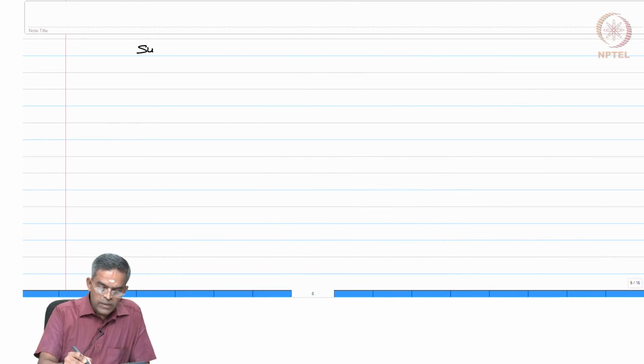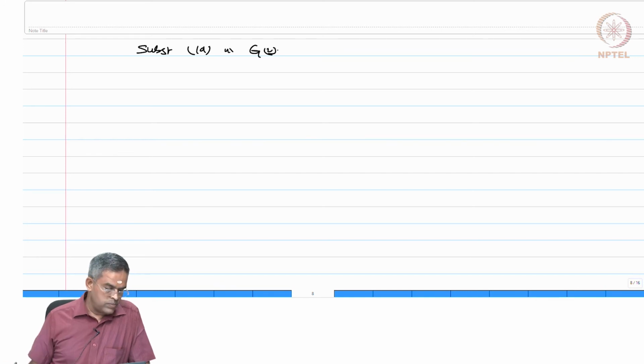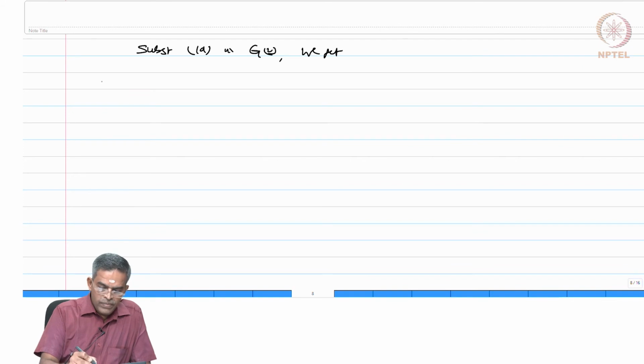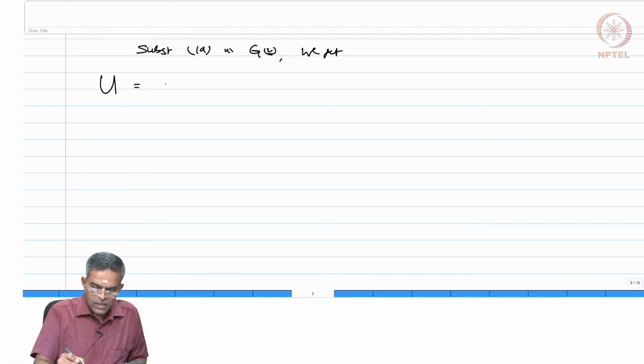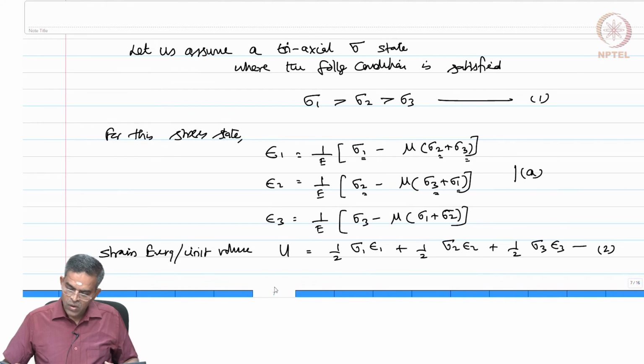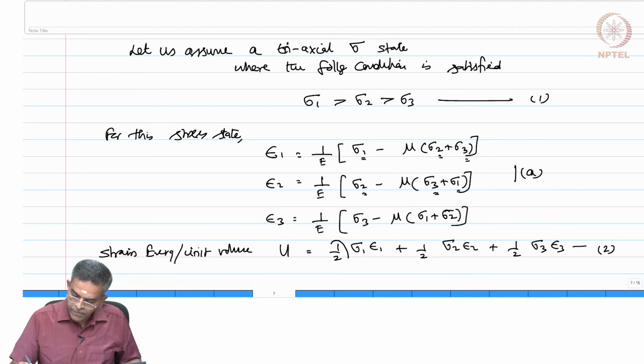So, substituting 1a in equation 2, we get the total strain energy per unit volume U, let us say 1 by 2E, okay, because you see 1 by 2 is here and E is here.